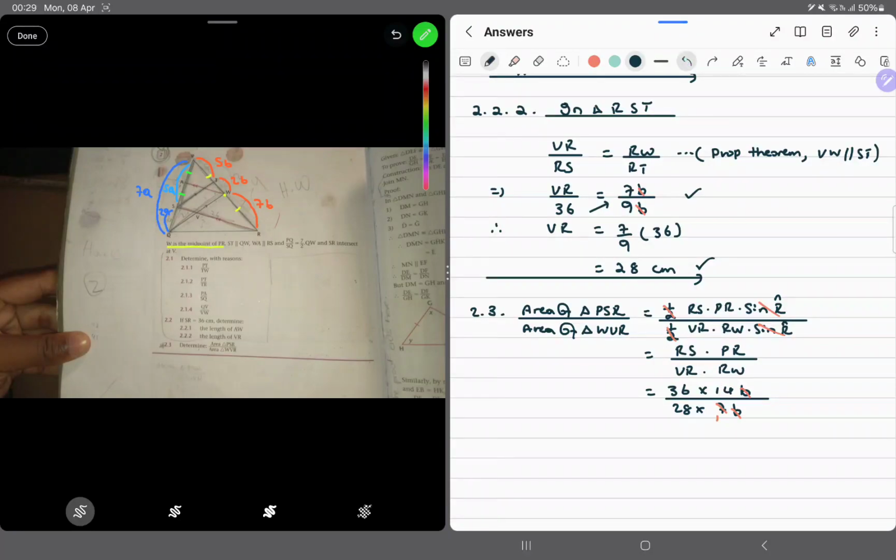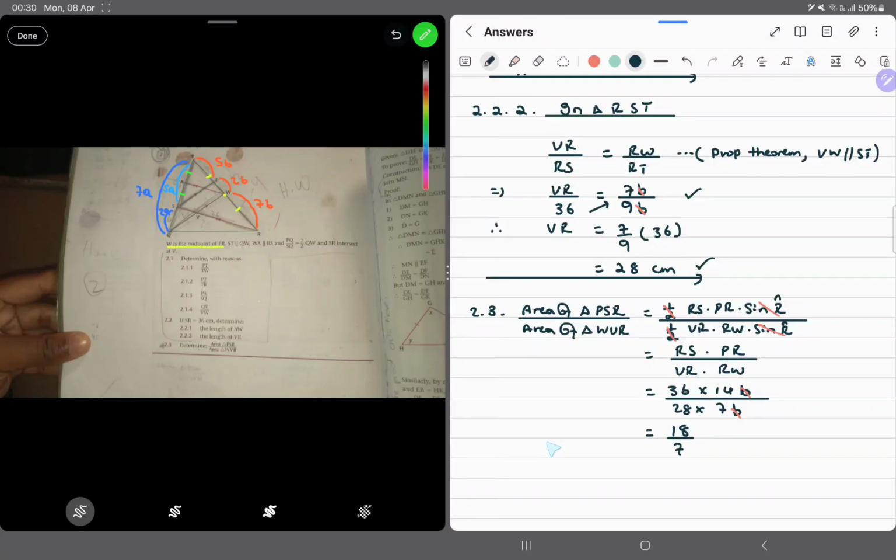I've complicated this, so let's just put it into the calculator and move on. 36 times 14, divided by 28 times 7. So I'm getting 18 over 7.